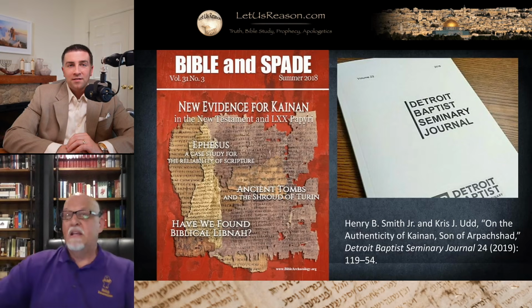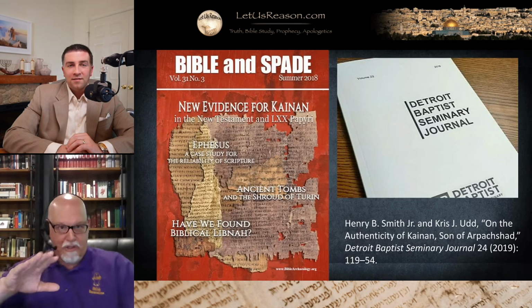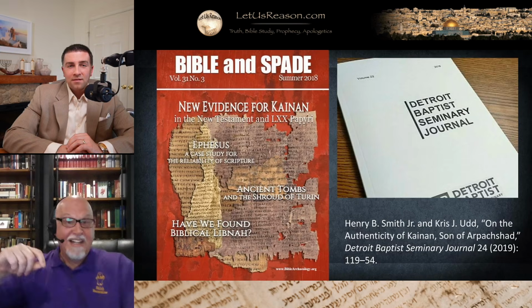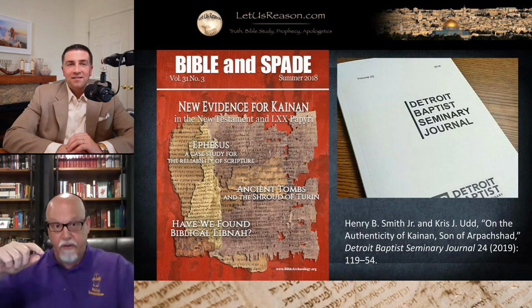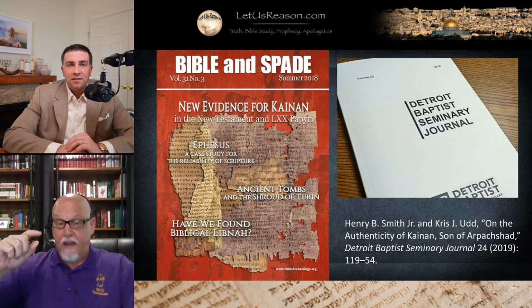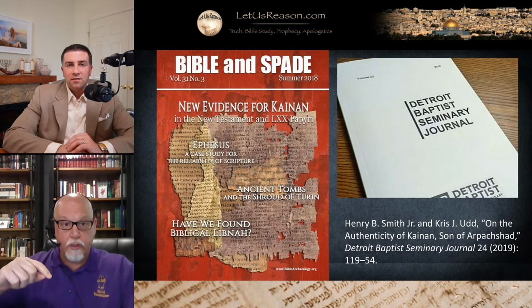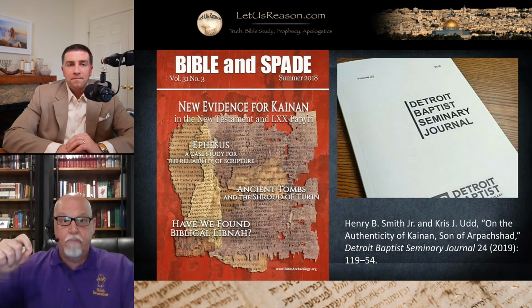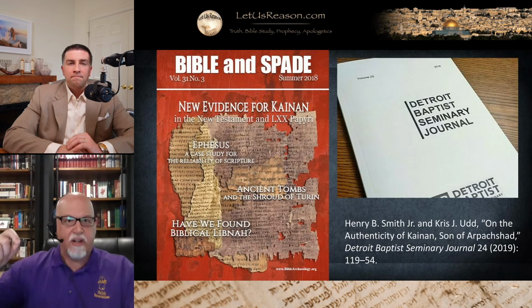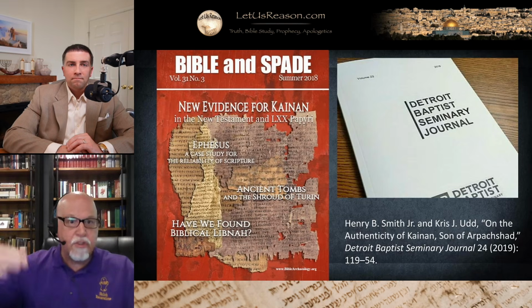Sure. I wanted to be careful not to go down a rabbit trail, so I'll be careful here, Mike. One thing I discovered is a very early manuscript of Luke that has Cainan in it, and it's documented in the literature, but it's not documented in articles that are specifically talking about Cainan. And so a lot of people have said, "Oh, the early manuscripts don't have Cainan in it." That's not true.